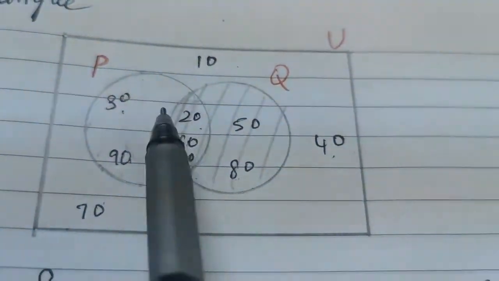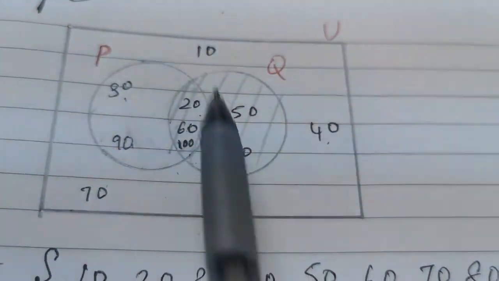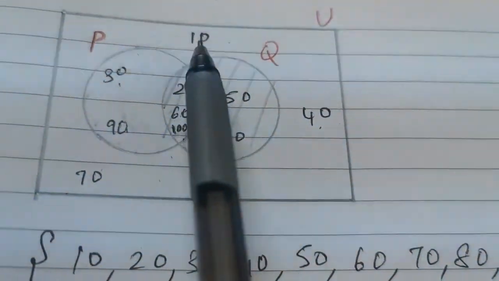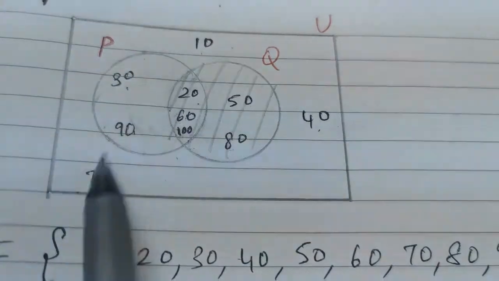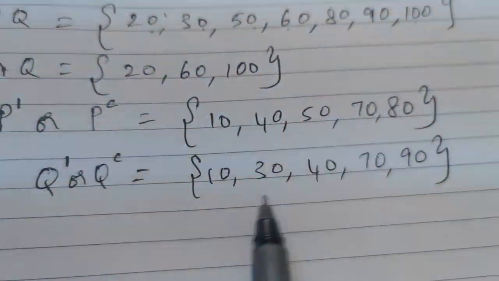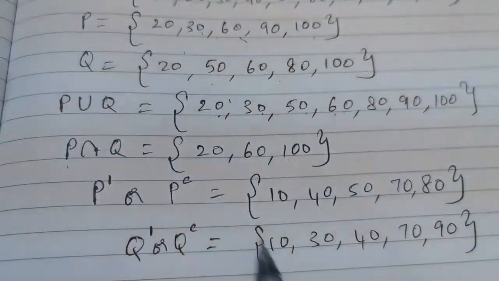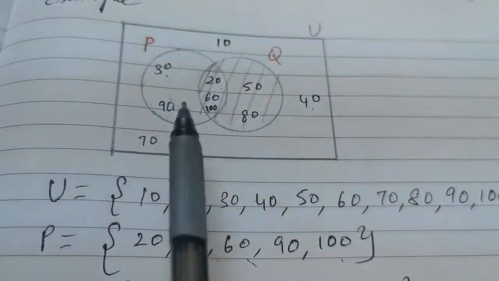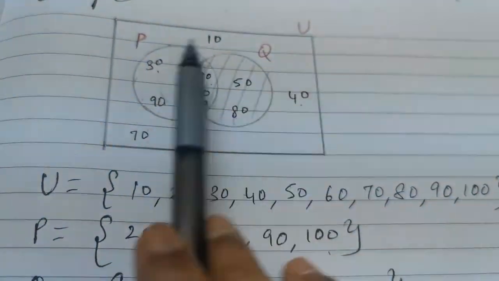So we removed the elements of set Q. The remaining 5 elements are written. They are 10, 30, 40, 70, 90. So these are the different kinds of operations which we did with set P and Q from the universal set U.